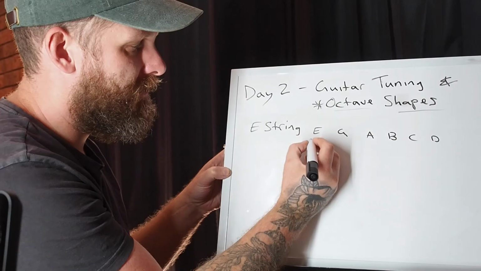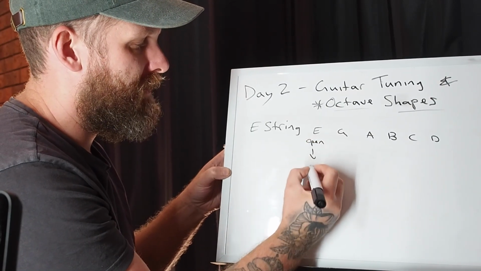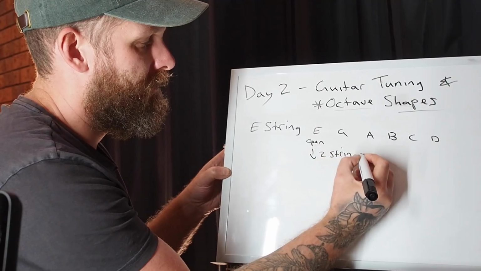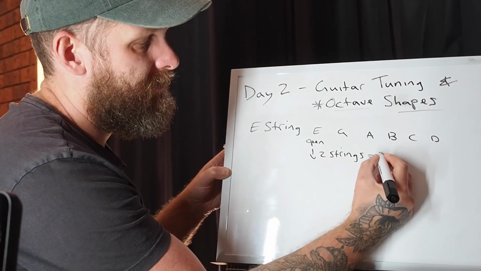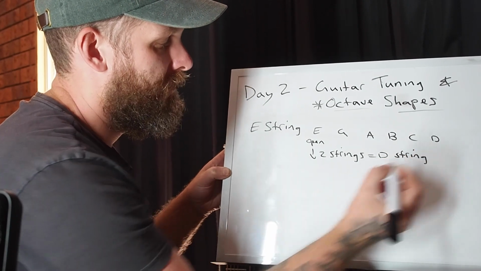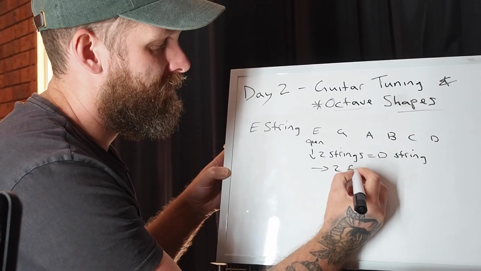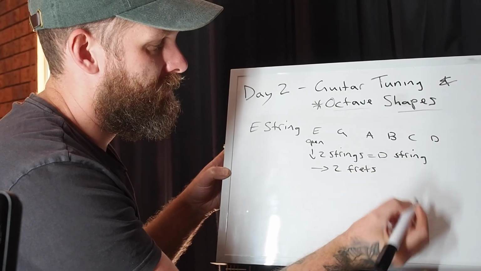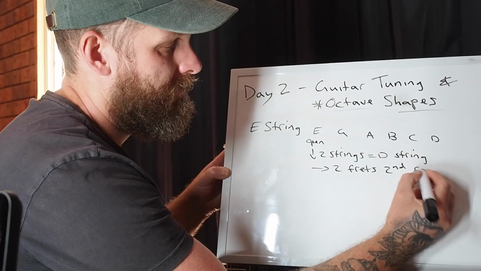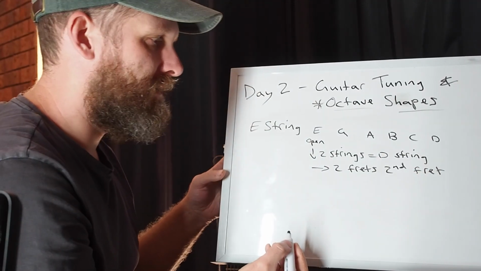So the E, which is open, so down 2 strings, so that would be the D string, and then across 2 frets, so 2nd fret, and then you've got your octave note.